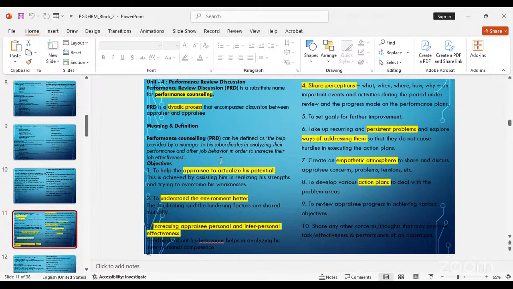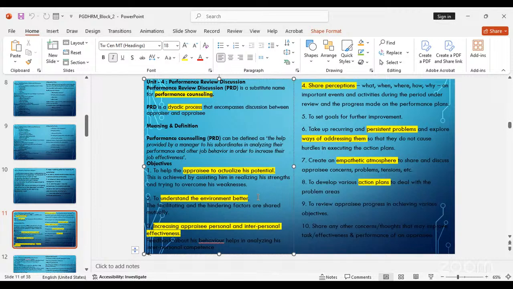Performance counseling can be defined as the help provided by managers or superiors to their subordinates in analyzing their performance and other job behaviors in order to increase their job efficiency. What is the objective of doing these review discussions?